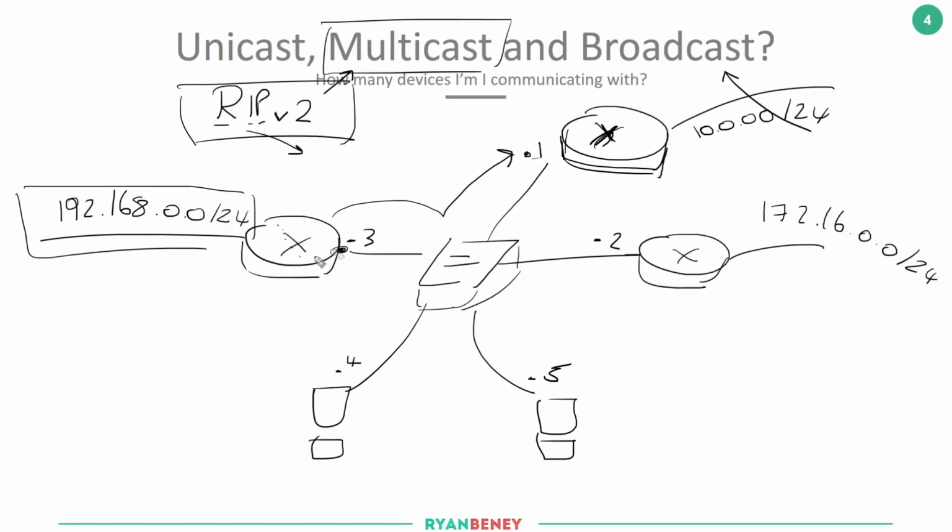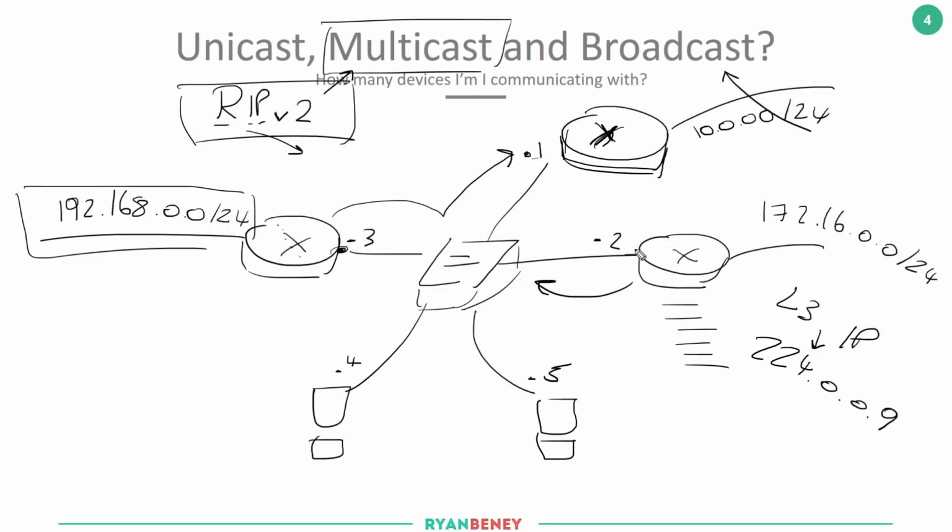And the way that works is every router on the link, every so many seconds, will send a list of all of the routes that particular router is aware of to a particular multicast address. And that multicast address is 224.0.0.9. And that's a layer 3 IP address.